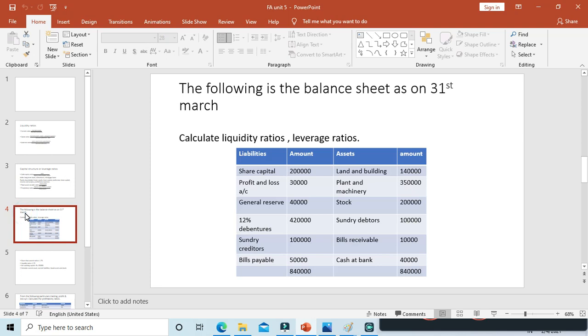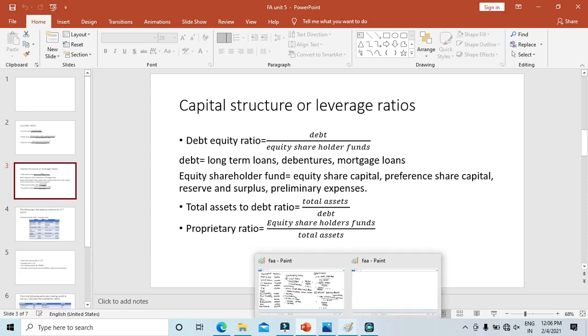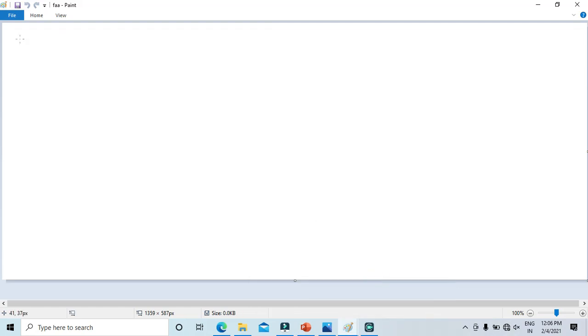I am going to write down equity share capital ESC, preference share capital, reserves and surplus, preliminary expenses if at all are there, you need to take those also. So how much equity share capital has he given you?